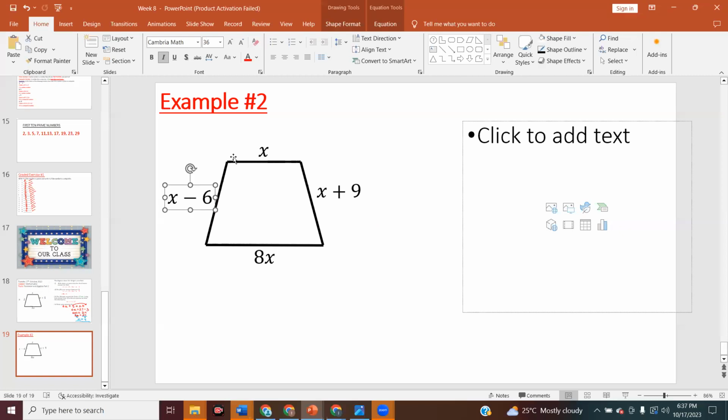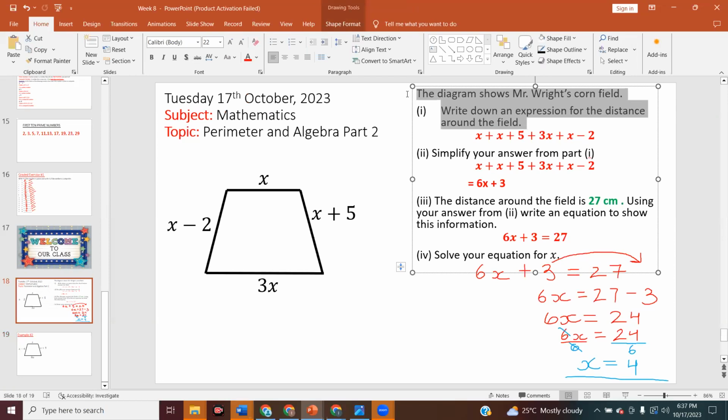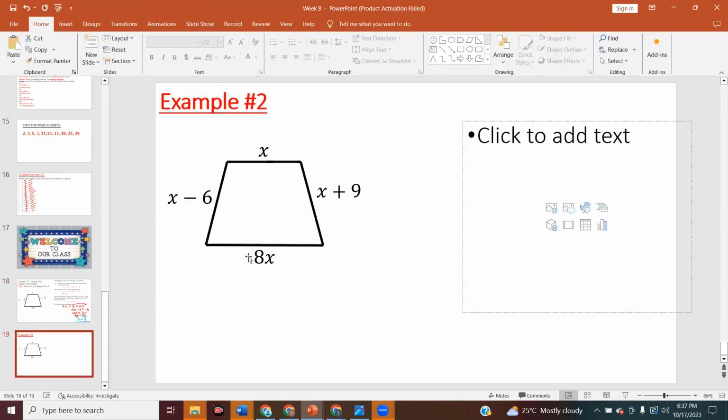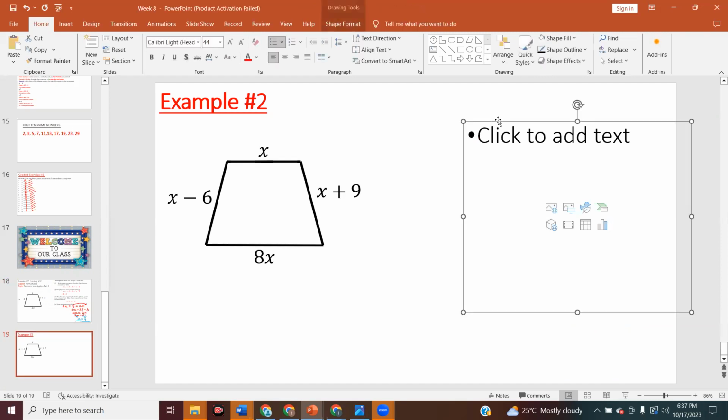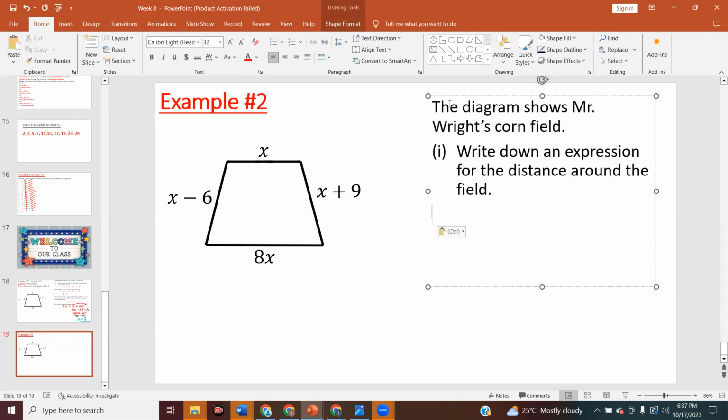So this side is x, this side is x plus 9, this side is 8x, and this side is x minus 6. The first question, as you all know, put it inside the chat, please: write an expression for the distance around the field. Don't simplify it, just an expression.